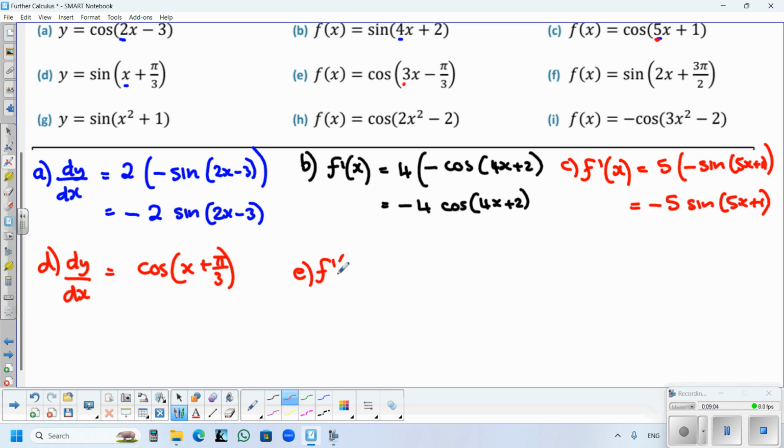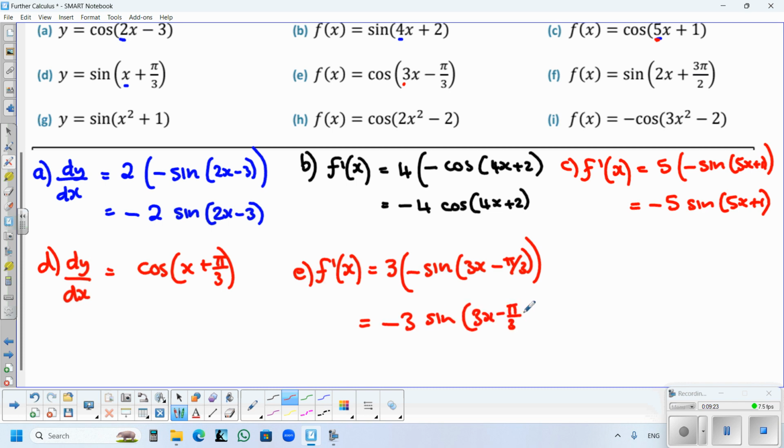So f dash x, we're going to multiply by that 3. And the derivative of cos is minus sine, so it's minus sine, and the angle stays the same, 3x minus pi over 3. We'll tidy that up to give us minus 3 sine 3x minus pi over 3.